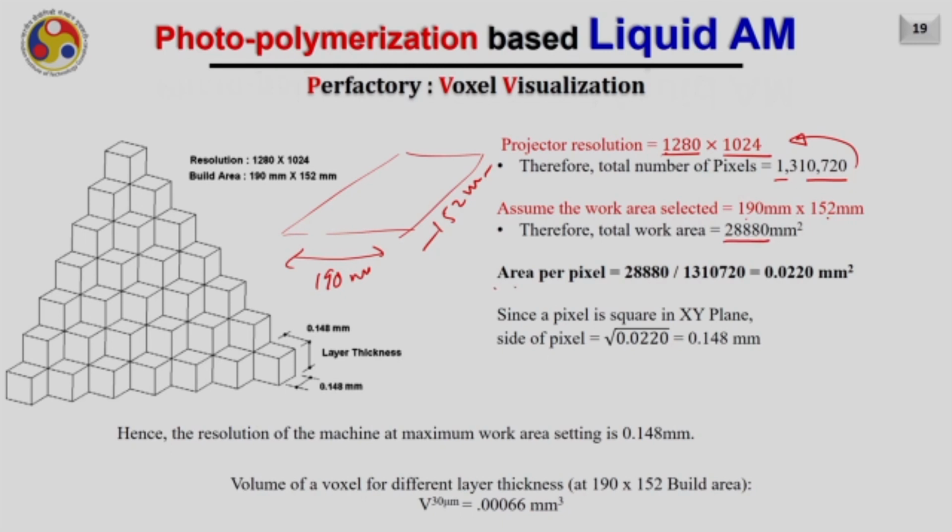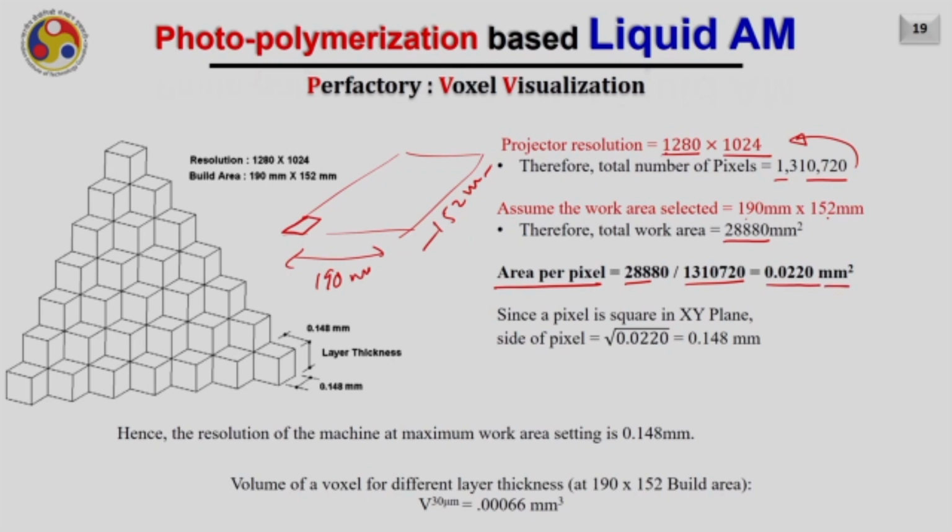Now the area per pixel, the area which is getting cured on this bed corresponding to each pixel, can be easily calculated by dividing this area by the number of pixels, and it comes to be 0.0220 mm square.